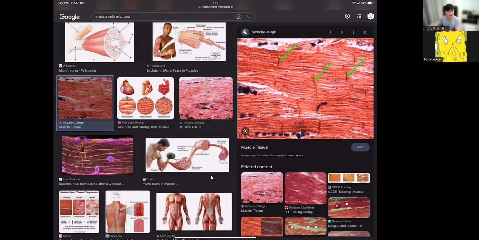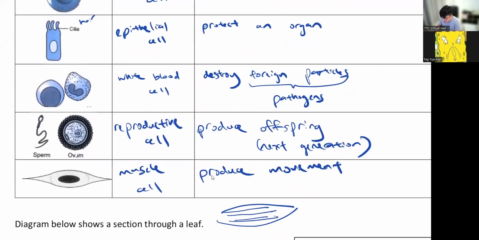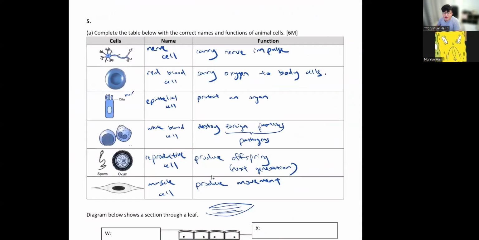So then you go heavier. Right? So you need a stronger weight to tear this thing again. That's how you get stronger. Right? So this is your muscle cell. Very interesting. Anyway, so these are all your human cells that you should know. Okay, very simple.